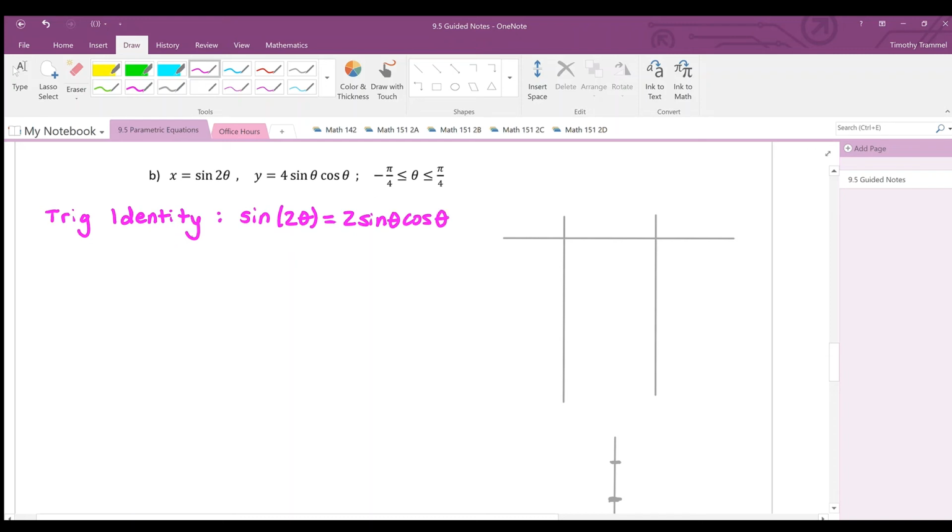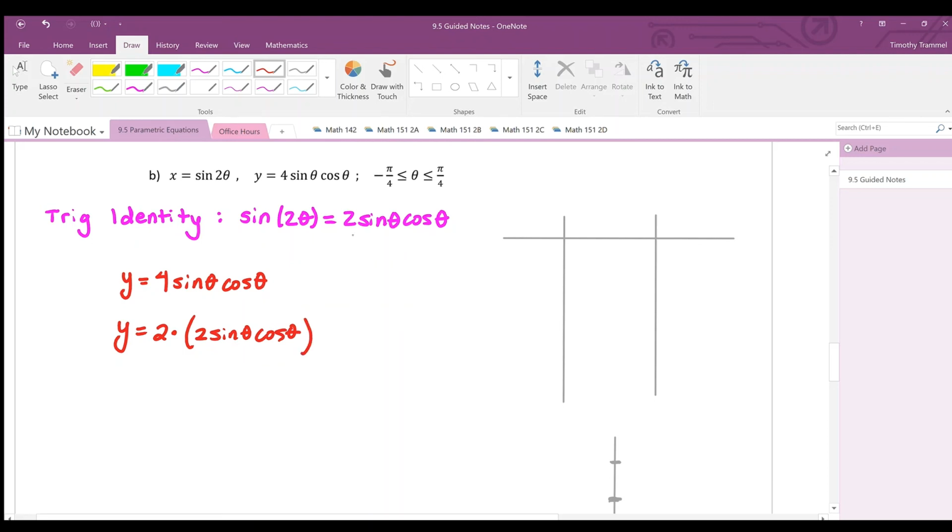All right. Well, then if we were to think about our equation y up there, y equals 4 sine theta cosine theta, we could rewrite it as 2 times 2 sine theta cosine theta.